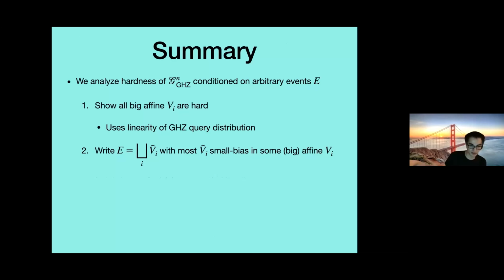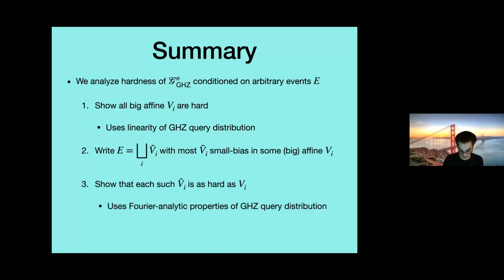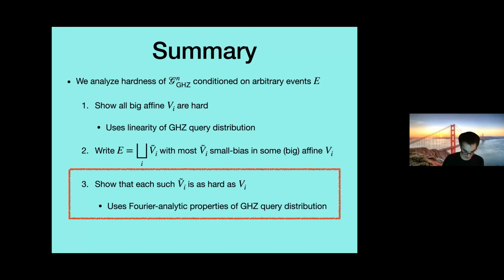And now there's a way in the paper that we show to write an arbitrary event in terms of affine subspaces, in terms of small bias sets. And finally, we show that these small bias sets are as hard as an actual affine space, and that uses some Fourier analytic stuff. And that's all I talked about in this talk, and it was very rushed anyways.